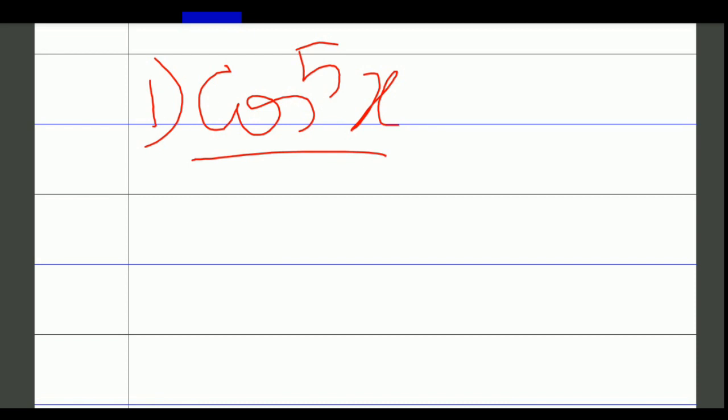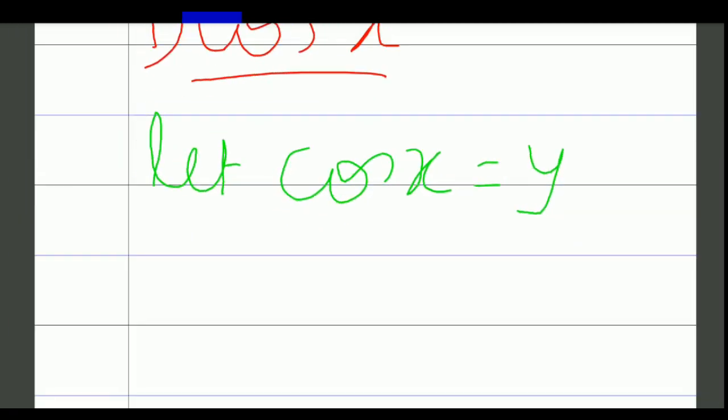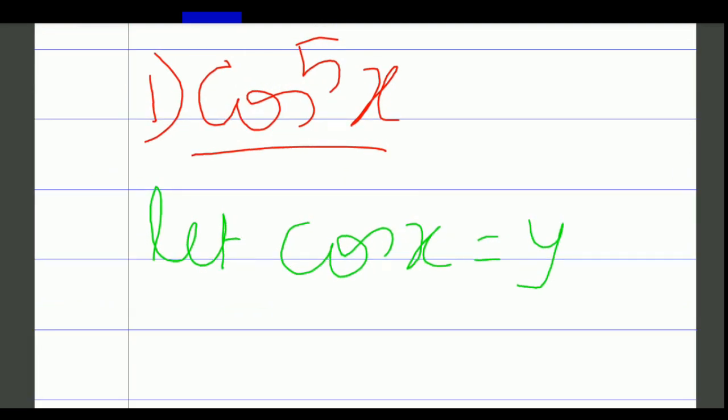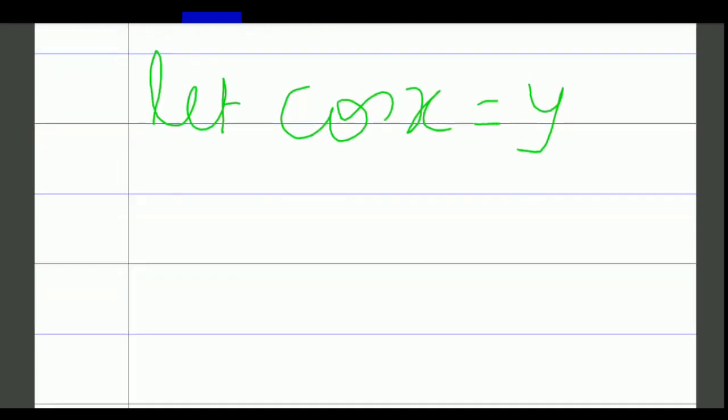Now firstly we will differentiate cos raised to 5x. So let cos x be equal to y. By replacing cos x with y, we get y raised to 5.